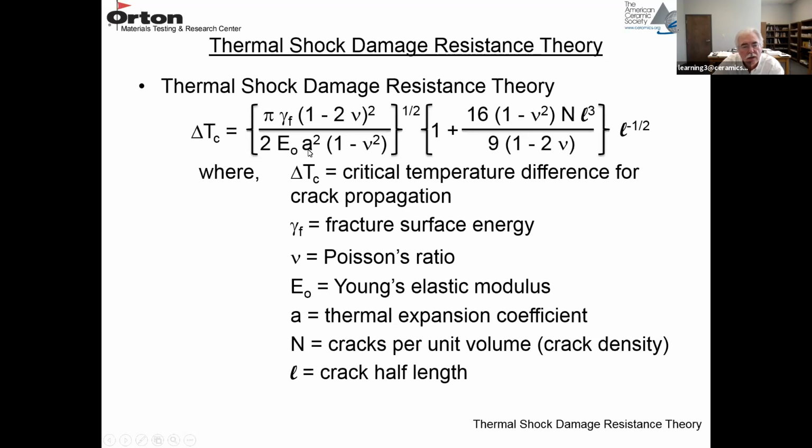Alpha squared is the thermal expansion coefficient. And we have a second term here that accounts for the number of cracks or microcracks in a refractory. N is the cracks per unit volume or the crack density, and L is the crack half length. So this is a rather long equation, but it actually works.